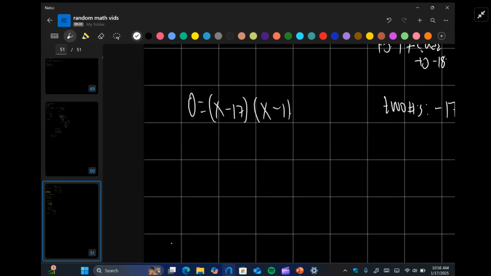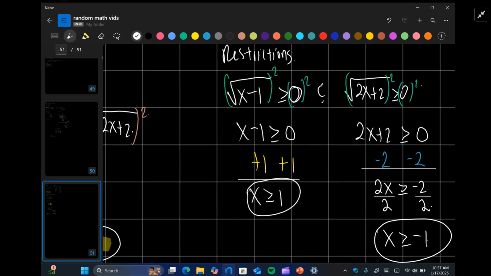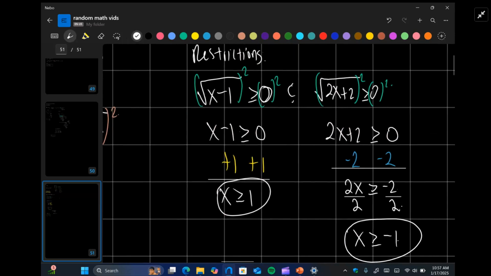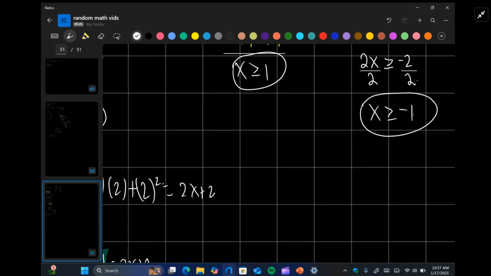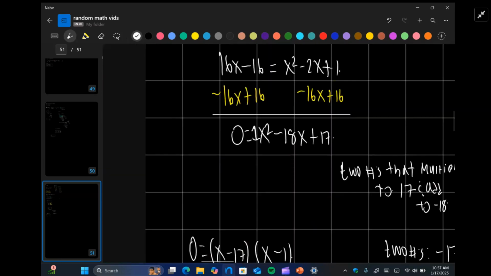Then by the zero product property, x minus 17 equals 0 or x minus 1 equals 0, so x equals 17 and x equals 1. Now, looking back at the actual restricted values, we wanted x greater than or equal to 1 or x greater than or equal to negative 1.